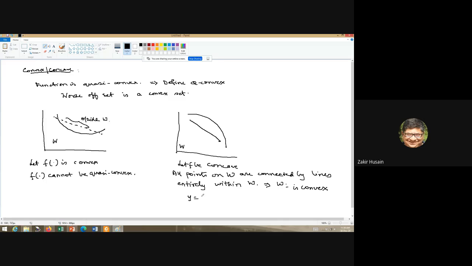Therefore, Y is quasi-convex, right? So the answer is it's negatively sloped and it is concave to the origin. Okay.